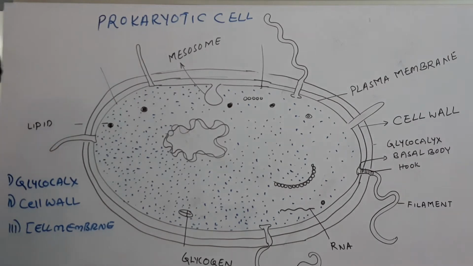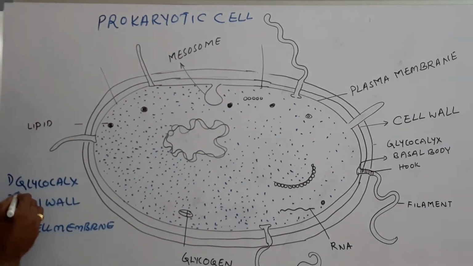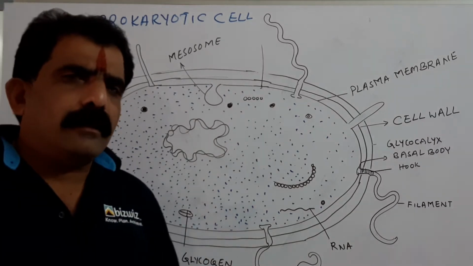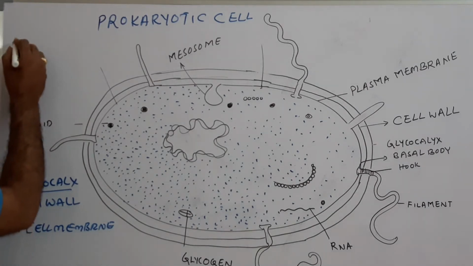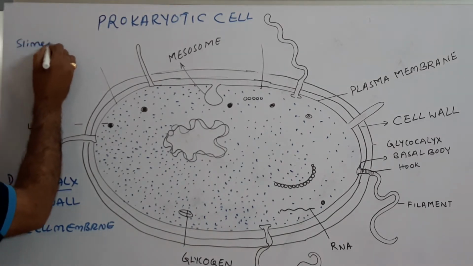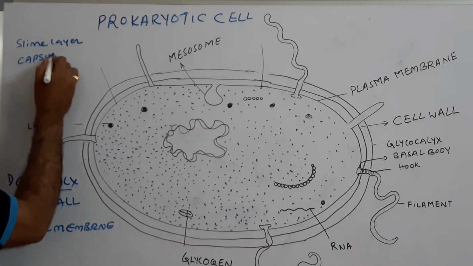So, what is the outermost layer? The outermost layer is called glycocalyx. Glycocalyx is the outermost layer of the prokaryotic cell. It may be in the form of a slime layer, or it may be in the form of a capsule.